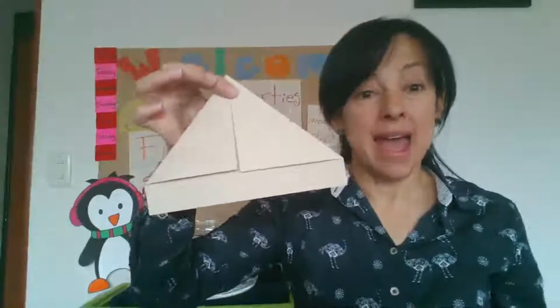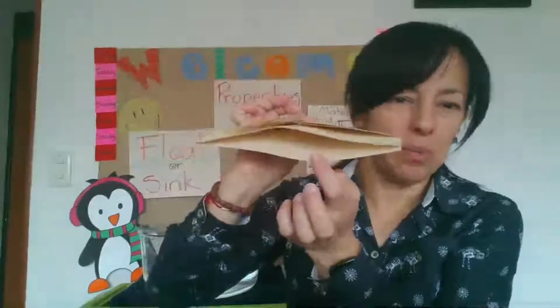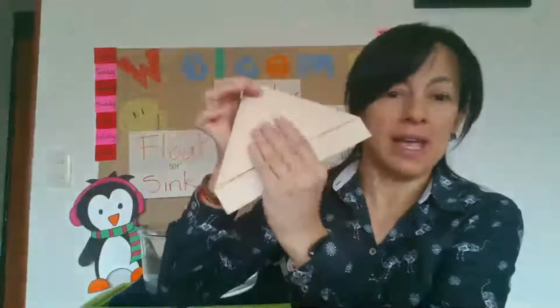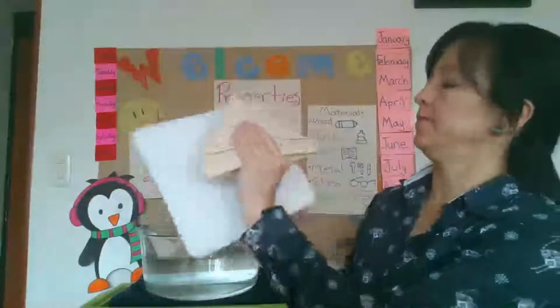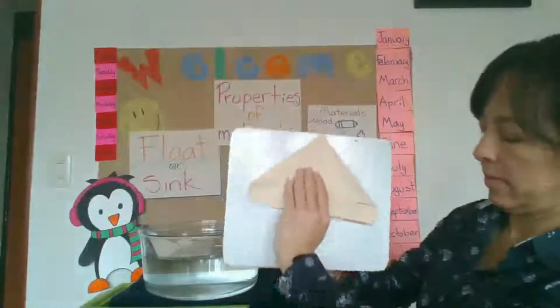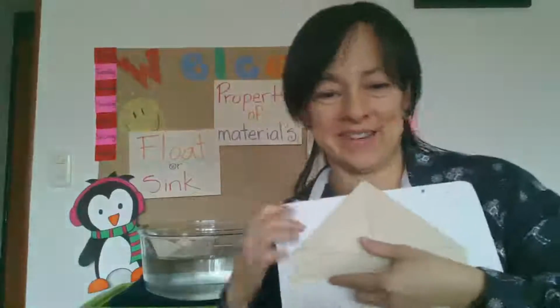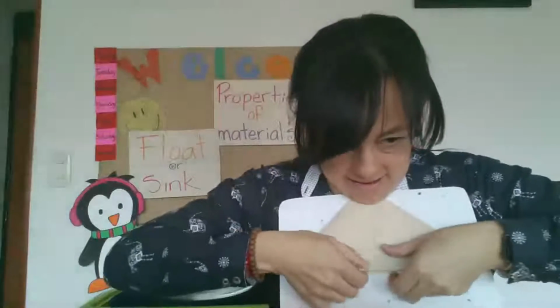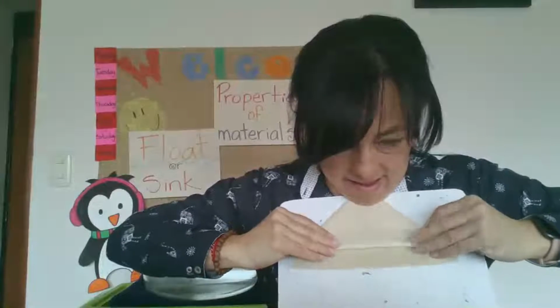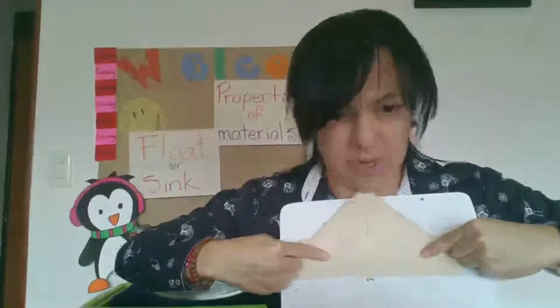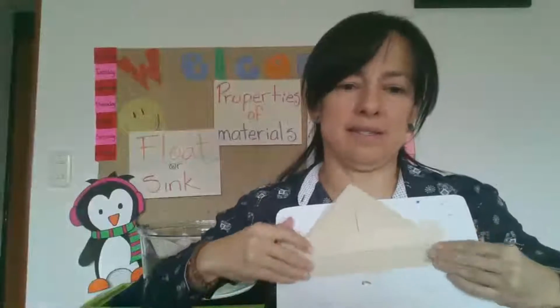Okay. Now I'm going to open my piece of paper here and I'm going to fold like this. I'm going to fold this part. I don't know how to show you. Like this. And I'm going to press.